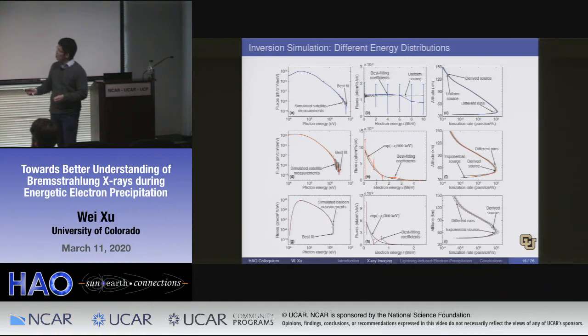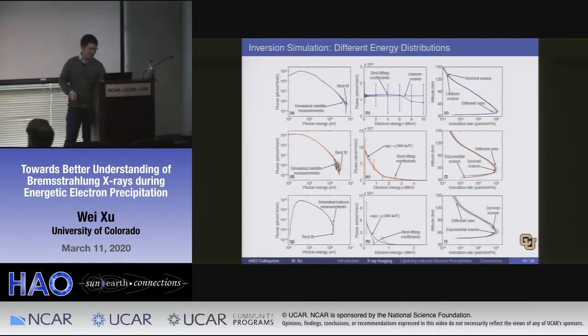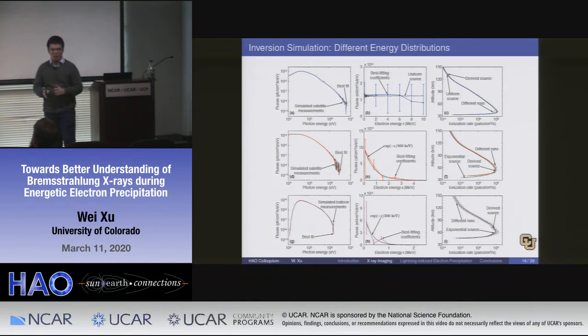It's pretty clear from the last column that for both uniform and exponential distributions, and for both satellite and balloon measurements, the ionization production by the derived source is pretty close to that of the truth. This actually summarizes the first study that we recently published.